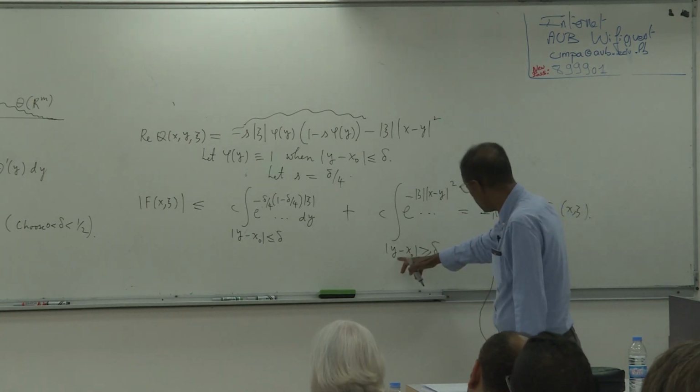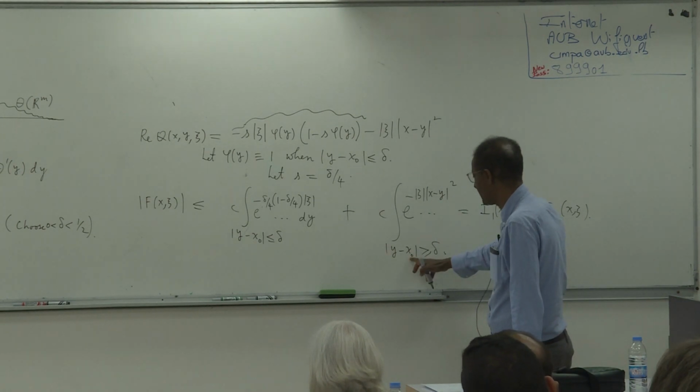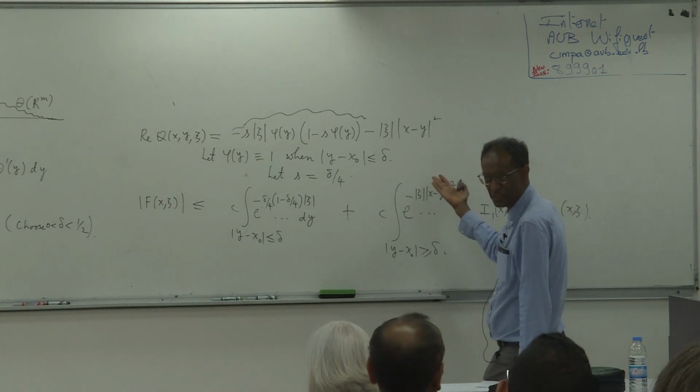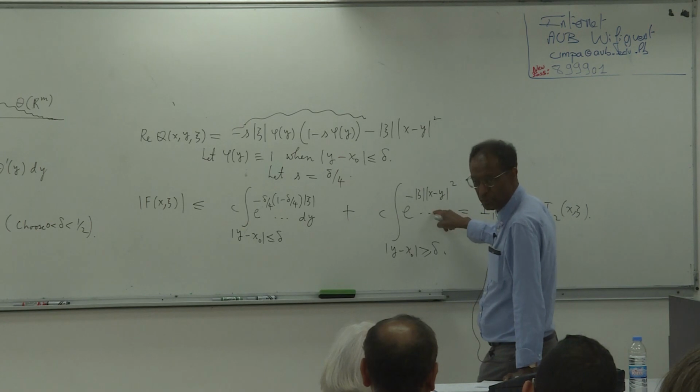So this one, you see, y is away from x naught. So if I choose x close enough to x naught, then I get e to the minus a constant times norm of c. Okay? So this time, unlike in here, x has to be restricted.